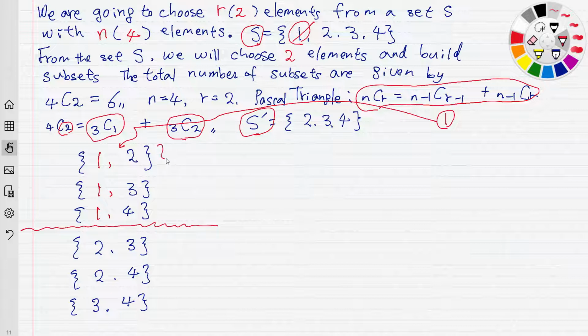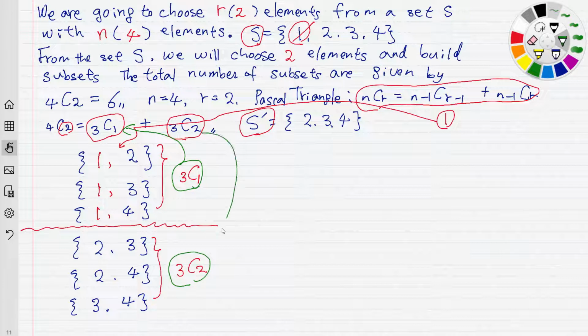This group belongs to 3C1 and this group belongs to 3C2. This group comes from this part and this group comes from this part.